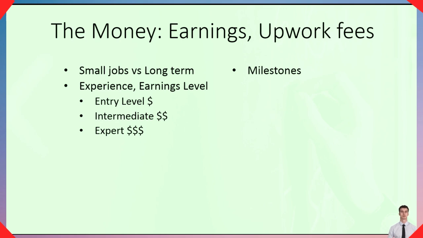I think it's always a good idea, especially on bigger projects or brand new clients, to say, you know what, when I get this and this done, I would like you to pay me this dollar amount or this percentage of the overall project. It shows confidence on your end. It also prevents you from doing a massive amount of work and then having a problem at the end of it. It's always good to see if they'll pay you the way they're supposed to. So that's an important thing. Whenever you can set a milestone, I really recommend it.